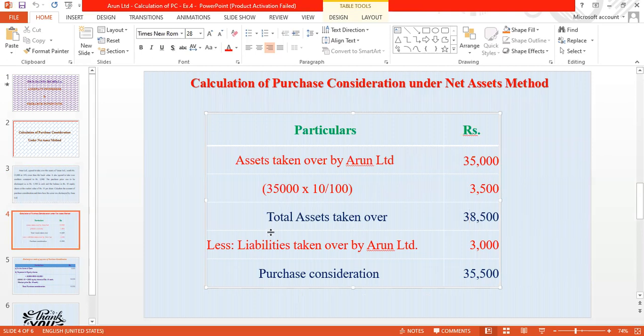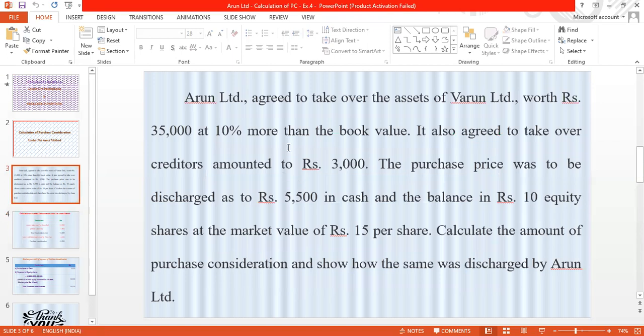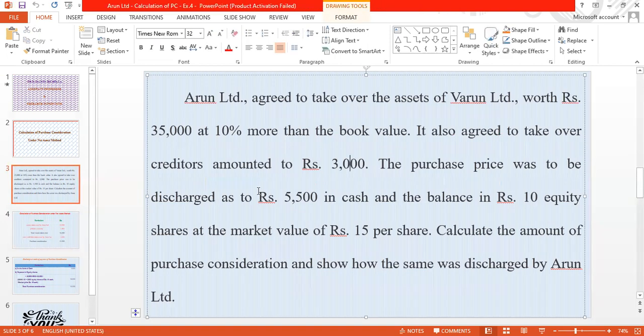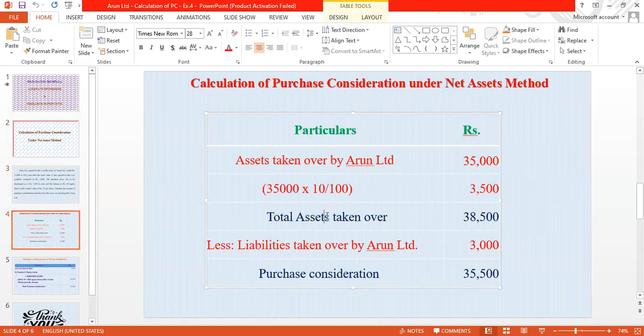Then the liabilities. Both assets and liabilities they are going to take, right? From this total asset value, we will subtract the liabilities. Go back to the question. How much is the liability? See here, the creditors amount only. So the liability is only the creditors, amounted to rupees 3,000. So this 3,000 we will subtract from the total asset value.